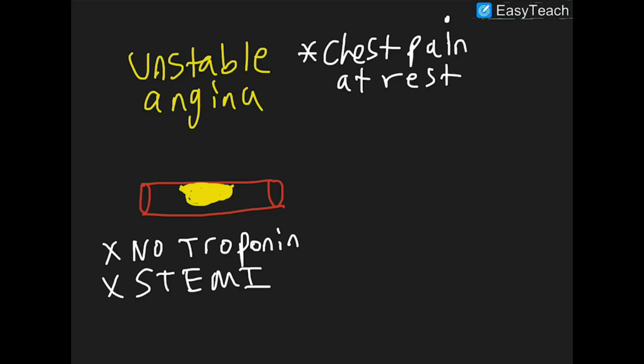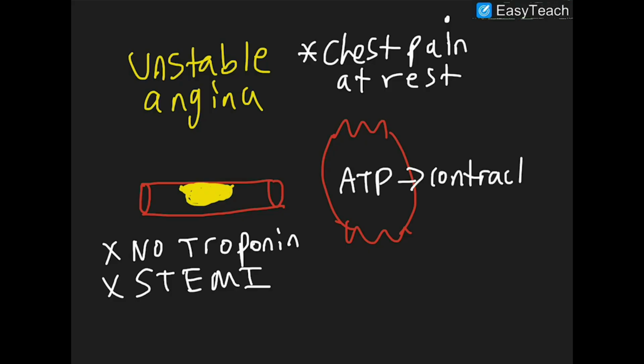But the main thing to know here is that if this is partially occluded like this, then imagine, downstream, if we were to draw muscle, let's say this is myocardium, okay? Let's say this is part of our myocardium, and it needs nutrients in order to generate ATP and contract.